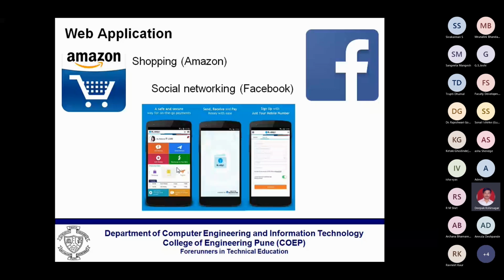Facebook provides social connection between people in the virtual mode. When we want to transfer some money to another person, what are we using? Online financial applications like the SBI application, or PhonePe, or GPay.